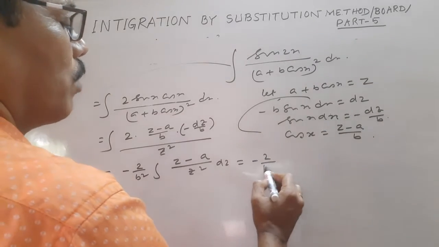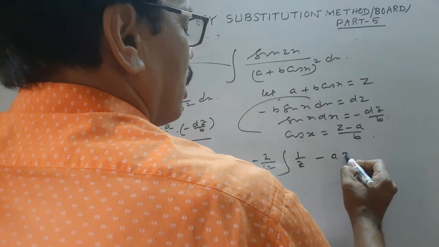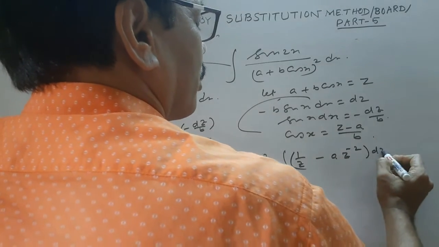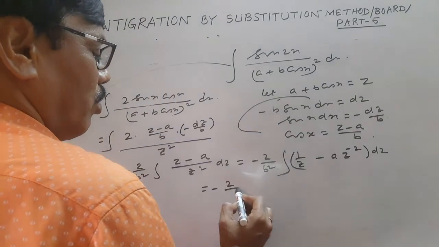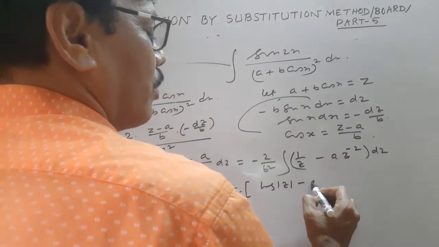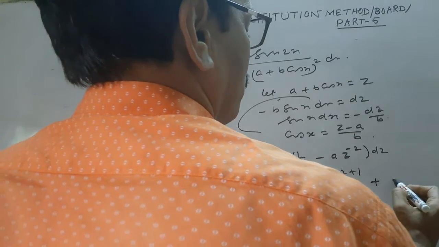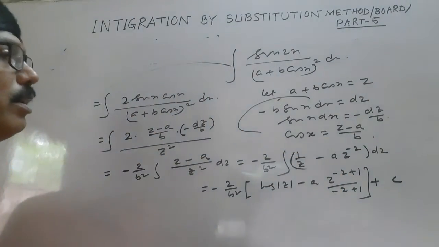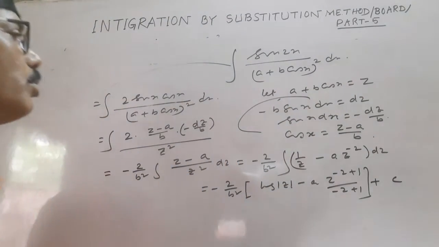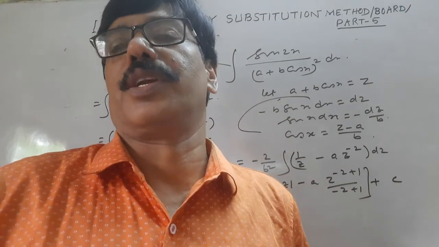So minus 2 by b square is outside, 1 by z minus a into z to the power minus 2 dz. So this one is standard. This is log z, and this is a into z to the power minus 2 plus 1 by minus 2 plus 1, plus c, where z is a plus b cos x. So you put a suitable transformation and perform integration.